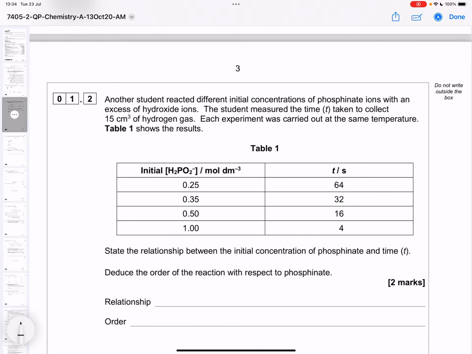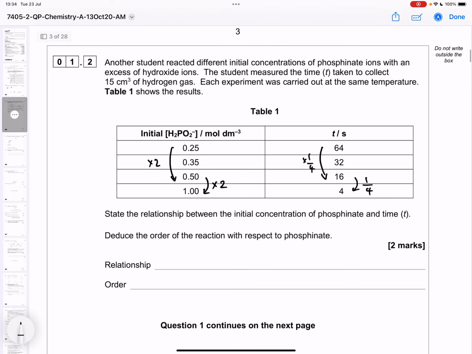So let's pick some numbers that are easier for us to see. So we could see here that when this doubles, this quarters. We could also do that here when this doubles. I'm not picking the 0.35 because it's not a nice fraction. This one quarters. Now, we know that the number 4 is the same as 2 squared.